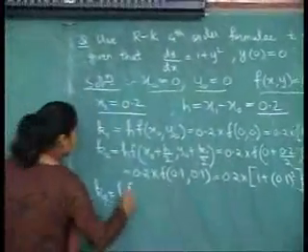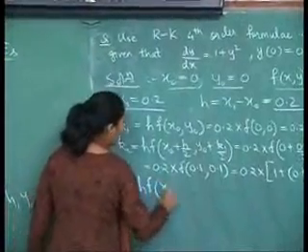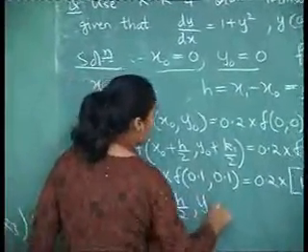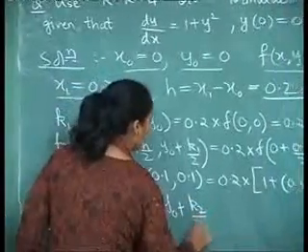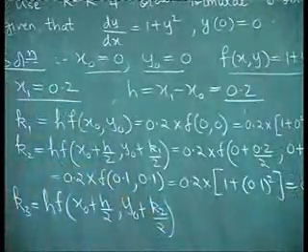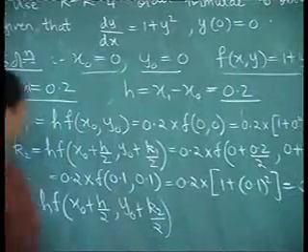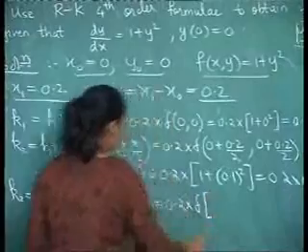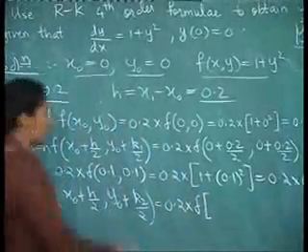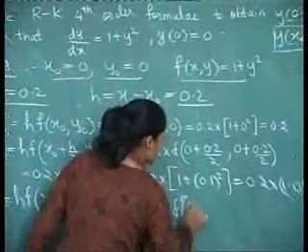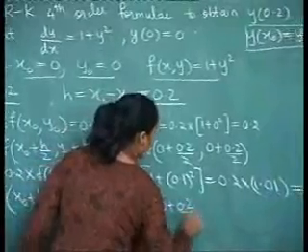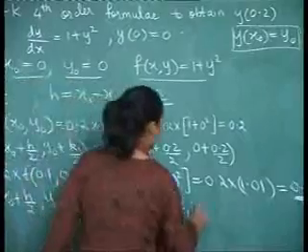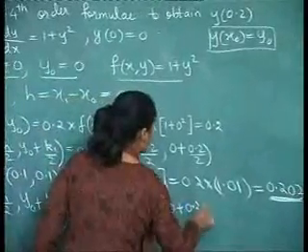Then we come to K3. K3 is h times f of x naught plus h by 2 comma y naught plus K2 upon 2, because now we know the value of K2, we can substitute. So that will be equal to 0.2 into f of x naught is 0, h is 0.2, y naught is 0, and K2 is 0.202.